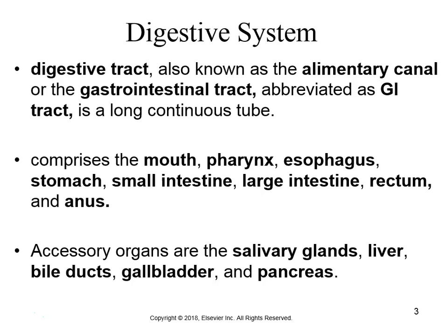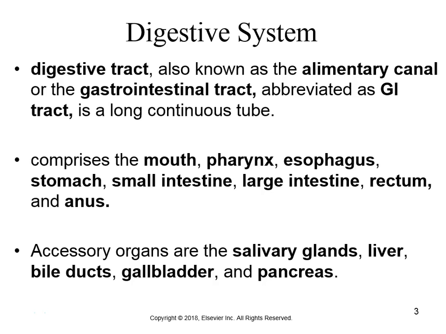The digestive tract could have also been called the alimentary canal or gastrointestinal tract in other classes. That's why it's oftentimes abbreviated the GI tract, because it's considered one gigantic tube from your mouth all the way out.